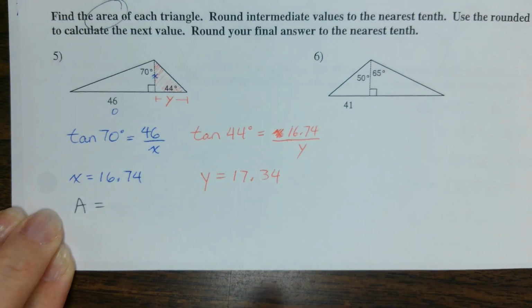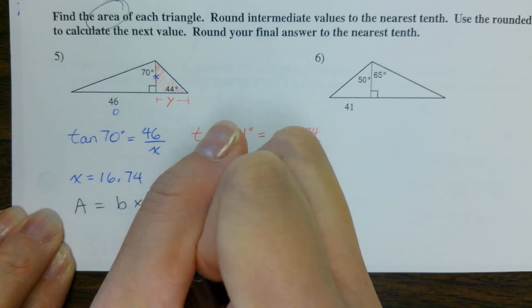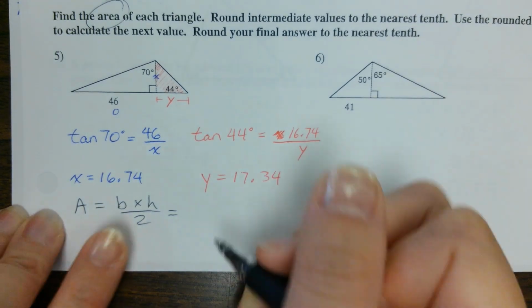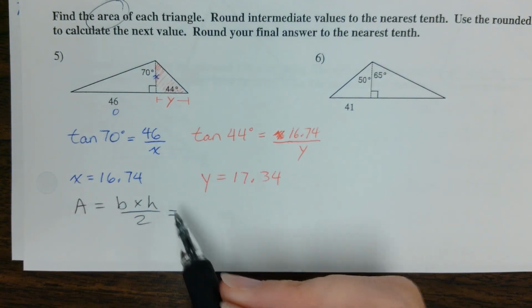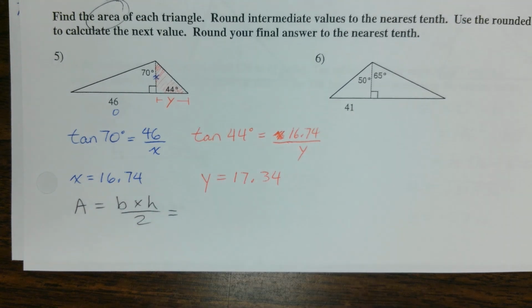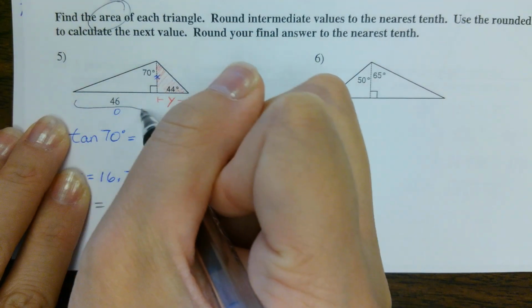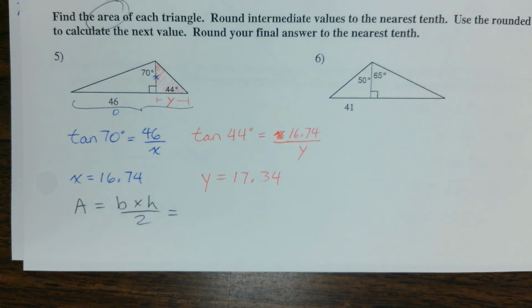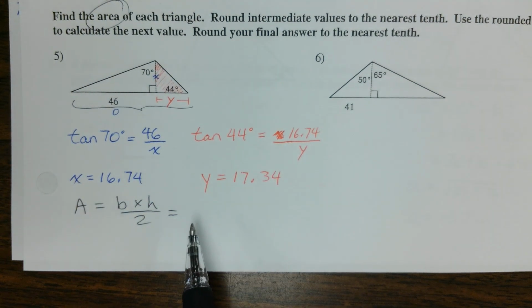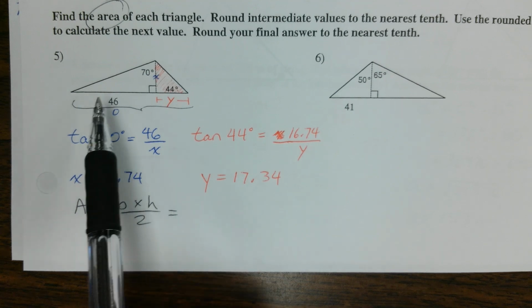Okay, so now that I have all the information, I can do my area because the question was asking you to solve for area. Base times height divided by 2. How long is the base? How long is this whole base right here? What do I have to do to find a whole base?